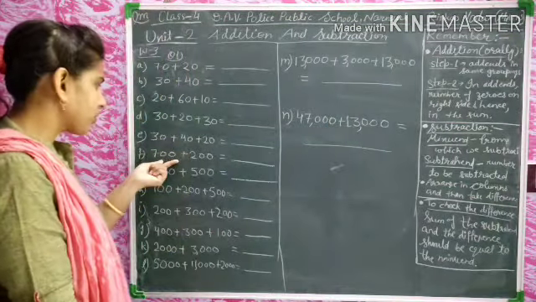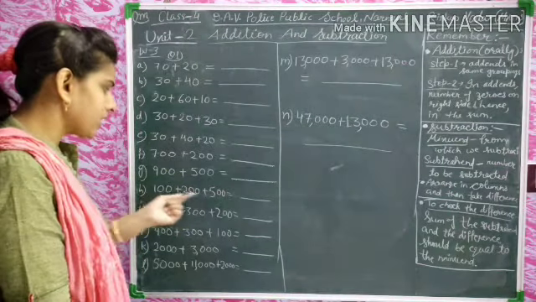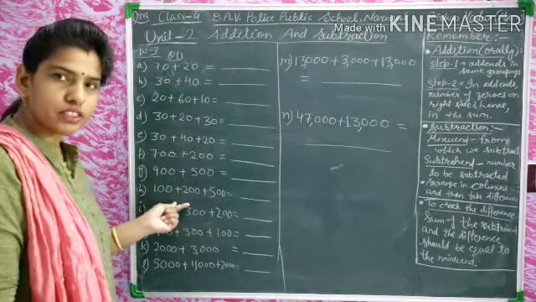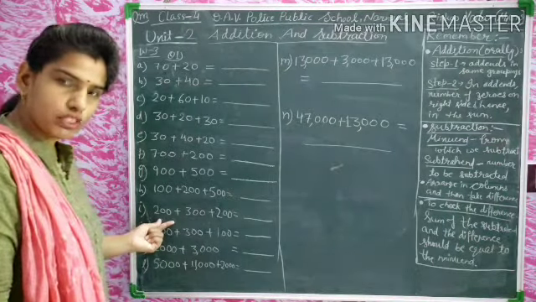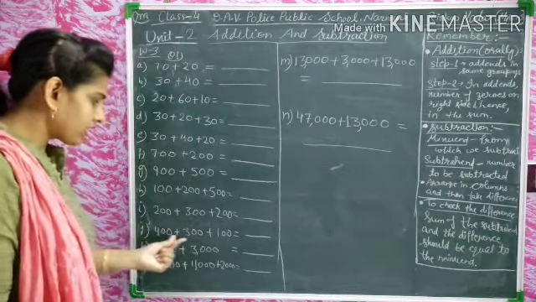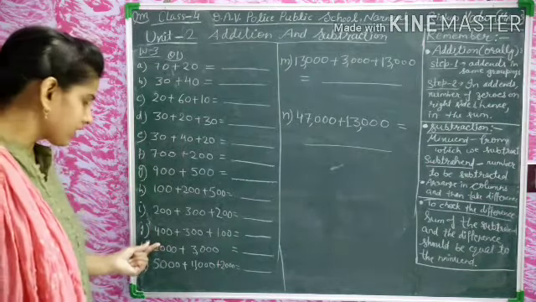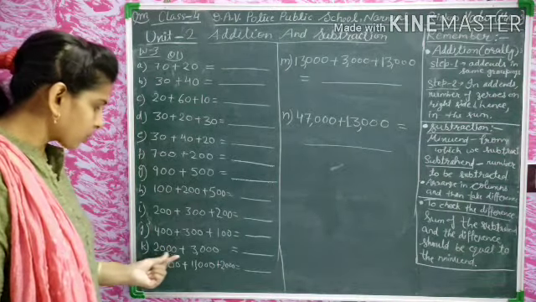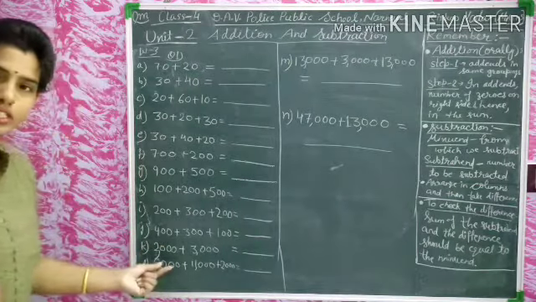These are in the same groupings. These are in the hundreds groupings. Is it clear? And these are also in the hundreds grouping: 200, 300, 200, 400, 300, 100. These are also in the same groupings. 2000, 3000 are also in the same groupings.